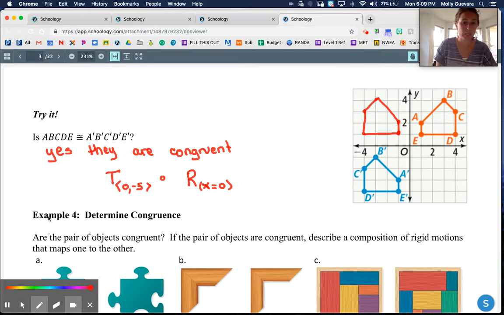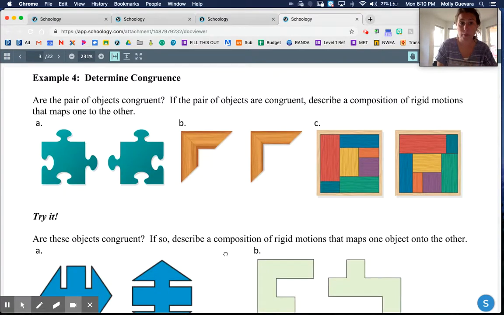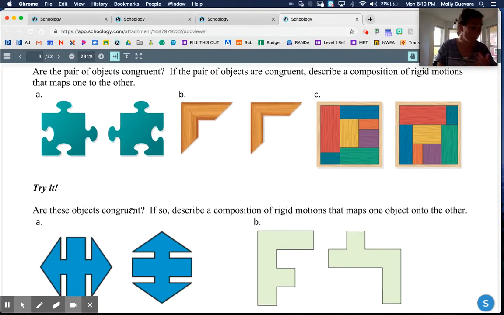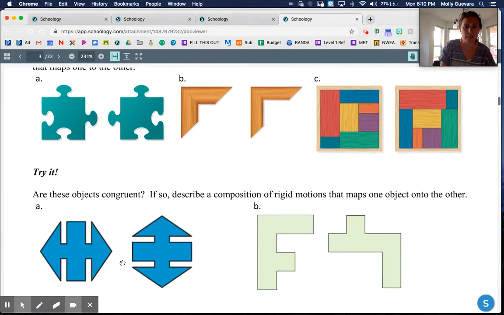But we're going to move on here to example 4 now, which is just determining are two shapes congruent. Okay, so these first 3, it says, are the pair of objects congruent? If they are, describe a composition of rigid motions that maps one onto the other. Okay, so scroll down so we can see a little bit better here. Perfect.